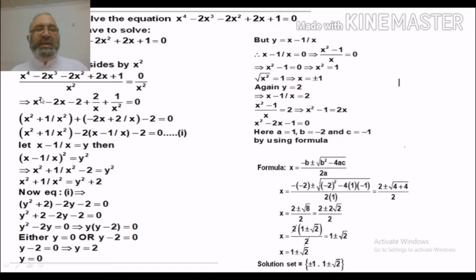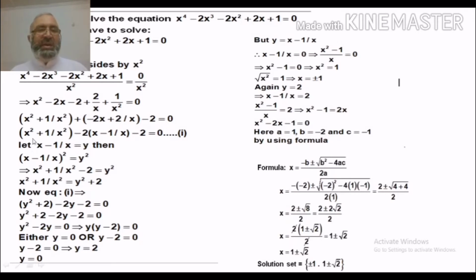So we get an equation in which there are an x square term, a linear term and a constant term. So combining like terms, x square plus 1 over x square, and the like terms, minus 2x plus 2 by x, and minus 2, the last constant term, equal to 0.